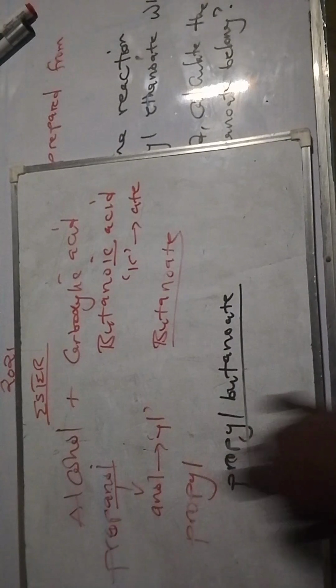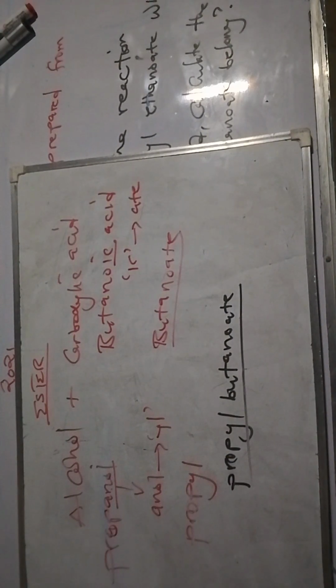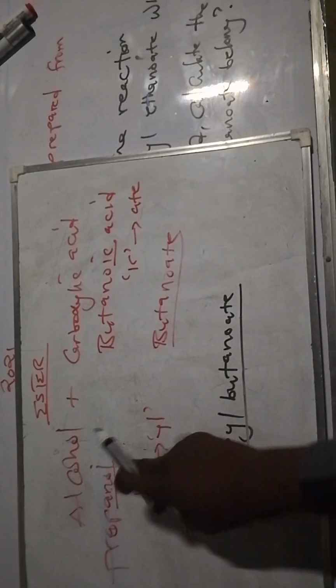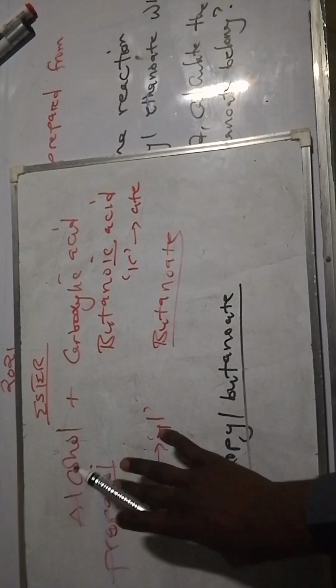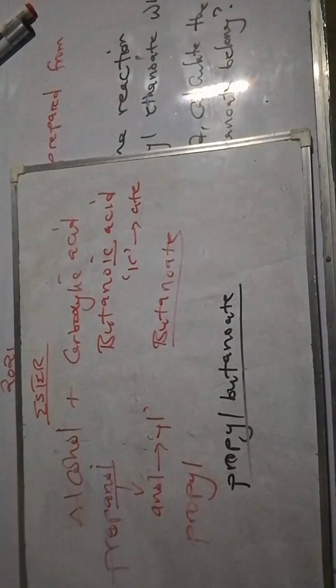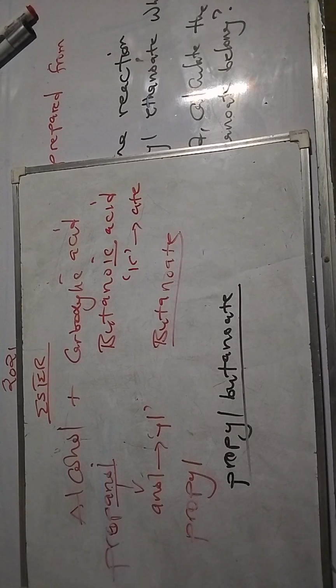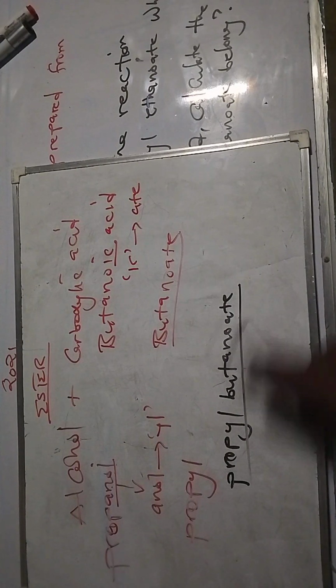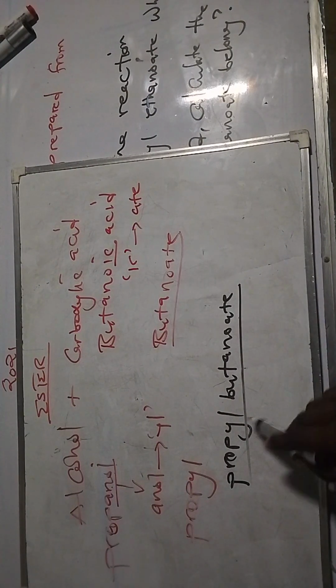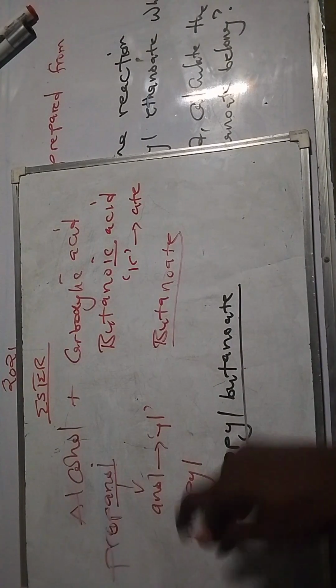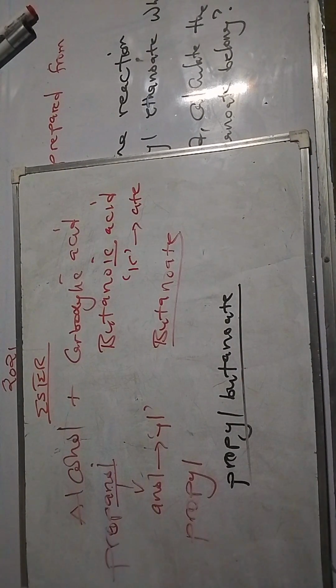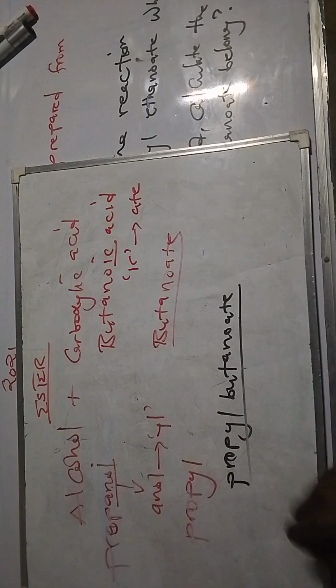This is how esters are formed. The only secret is to understand how you can change the alcohol part and how you can change the carboxylic part. Always when writing this, start with the alcohol part, then end with the acid part. Don't do vice versa. So this is how we form the names of an ester.